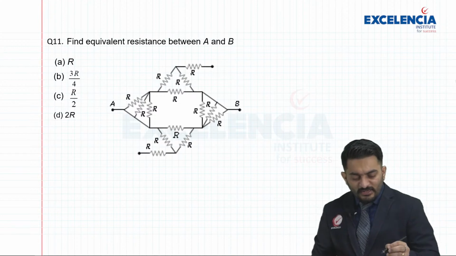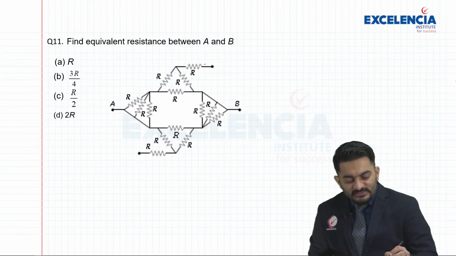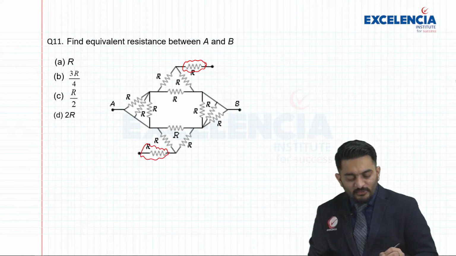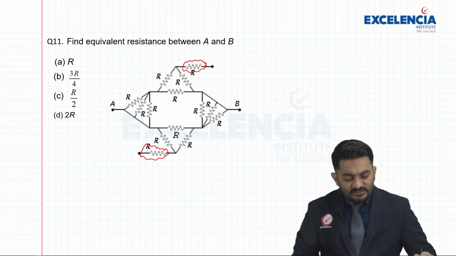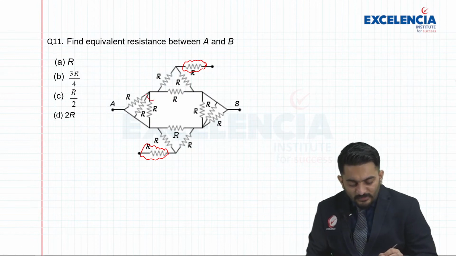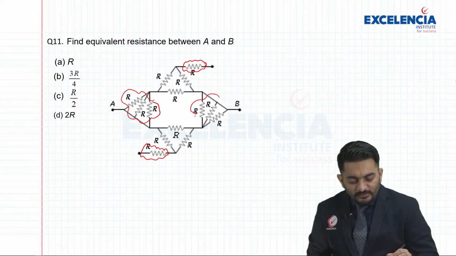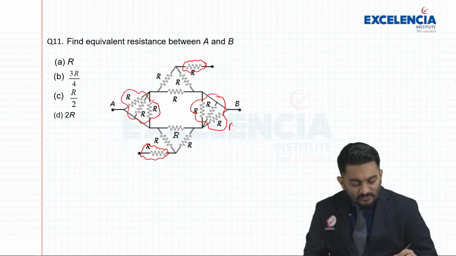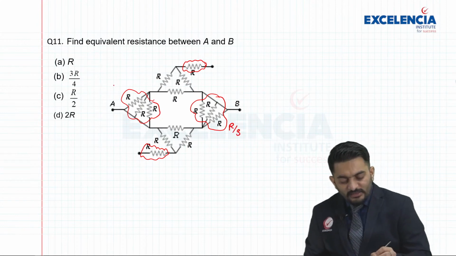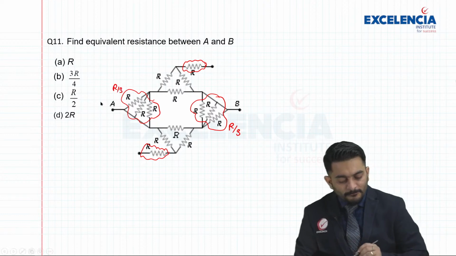What I can do over here, let me tell you. This arm over here, I am going to ignore because it is not connected to anything. And then if I redraw the circuit, I can identify one particular part: this and this, these three resistors look parallel to me, and when you solve for 1 by R, 1 by R, 1 by R, the value of R equivalent will be R by 3, and this will also be R by 3.